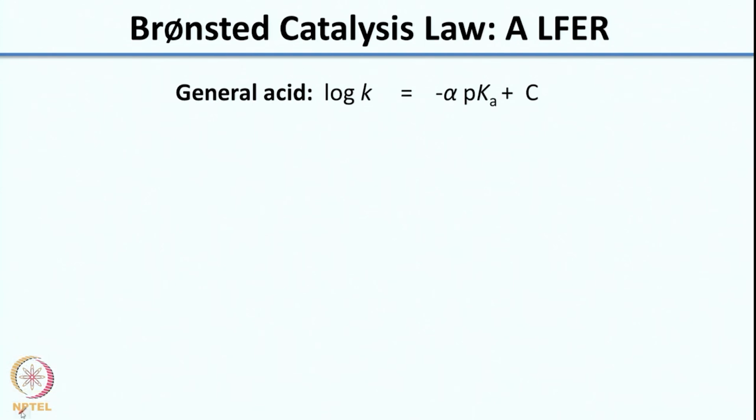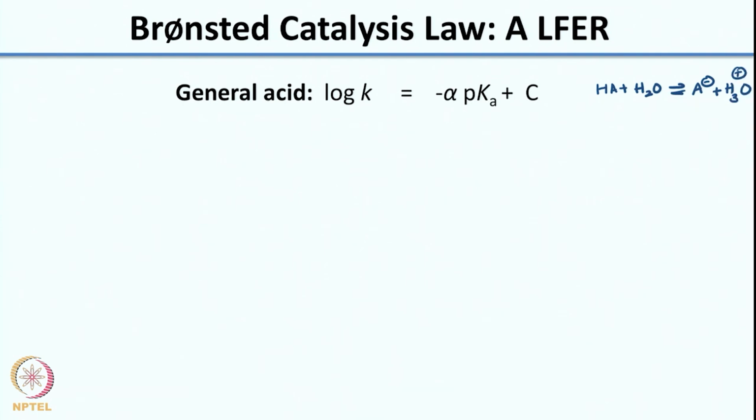And what is pKa? How do you define the pKa? The pKa tells you the tendency of the acid to give a proton to water, correct? So, when you think of acid dissociation constants, you are thinking of HA plus water giving A minus plus H3O plus.